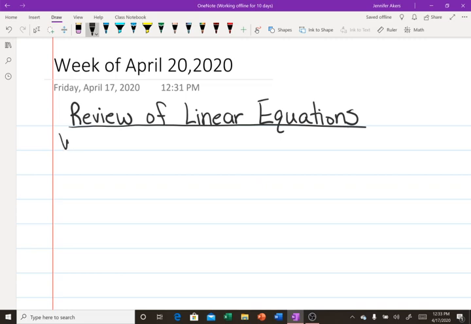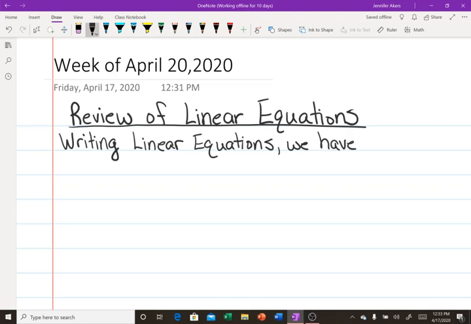So, writing linear equations, we have three forms.